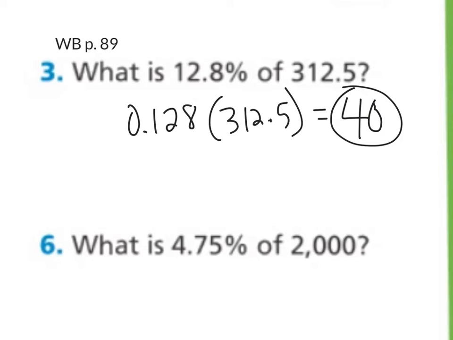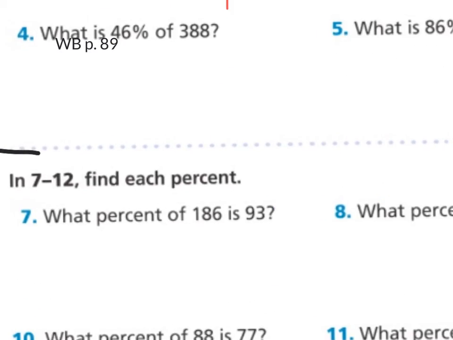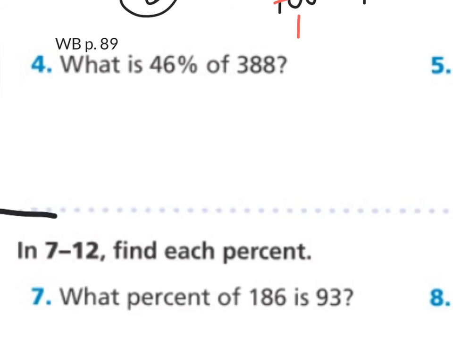We'll look at a few more here, make sure we got it. 46% of 388, so that's a little less than half. So I'm expecting an answer close to 200, a little less than that. So 46% is 46 hundredths times 388, which is 178 and 48 hundredths.